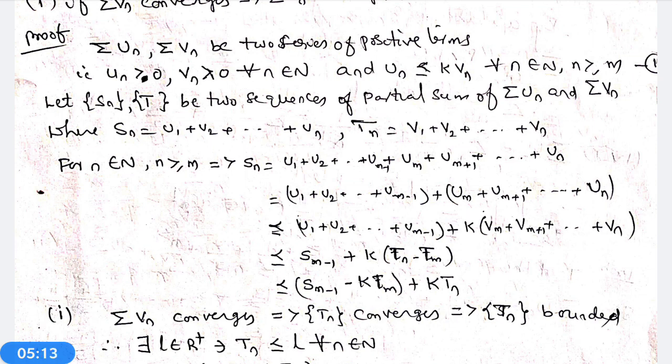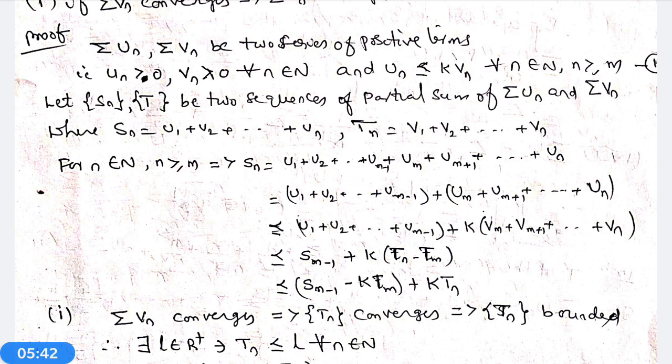For the first sum, u1 plus u2 plus etc. u(m minus 1) is equal to S(m minus 1), plus k times, because the remaining n minus m terms are there, k into (Tn minus Tm).